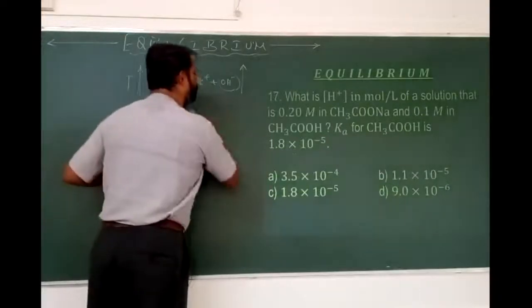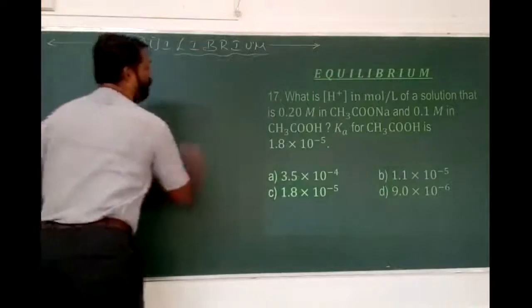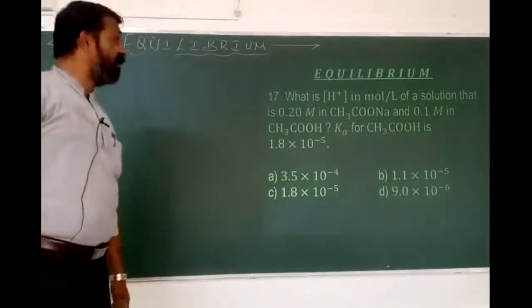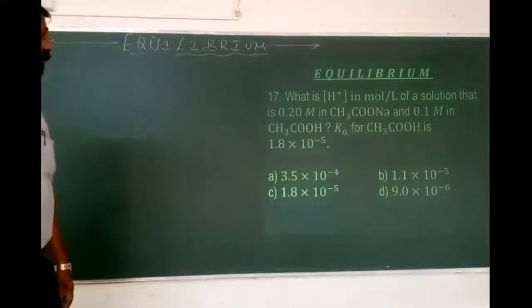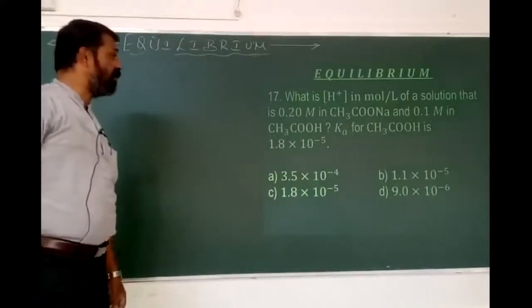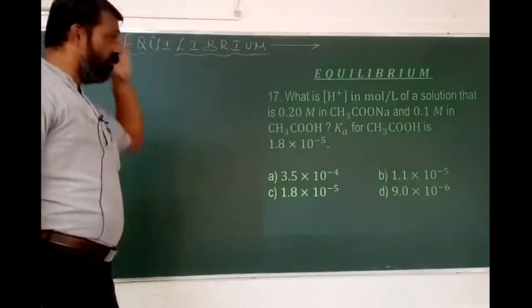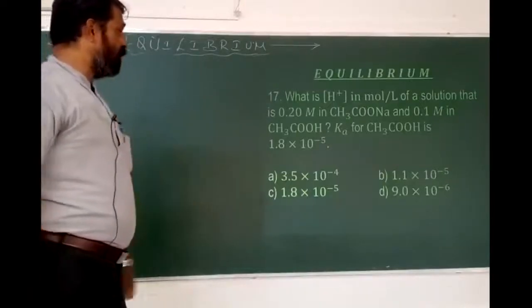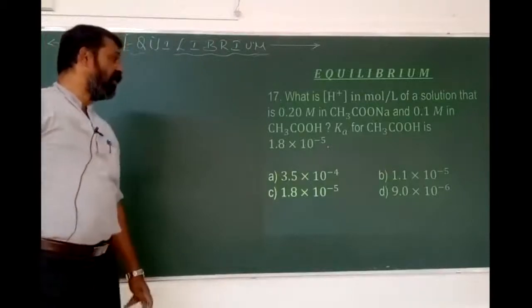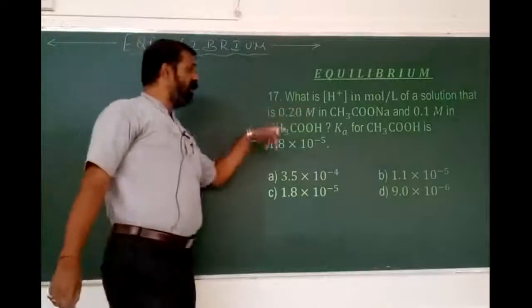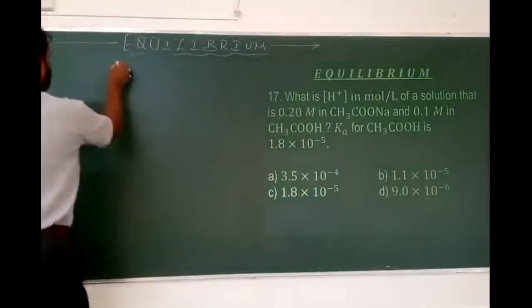Next, 17. What is the H plus concentration in mole per liter of a solution that is 0.2 molar in sodium acetate and 0.1 molar in acetic acid? Given Ka for acetic acid is 1.8 into 10 to the power of minus 5. Here, sodium acetate and acetic acid form an acidic buffer.